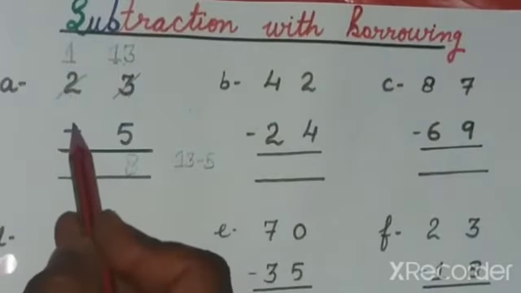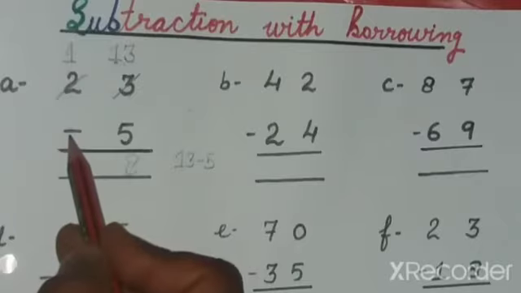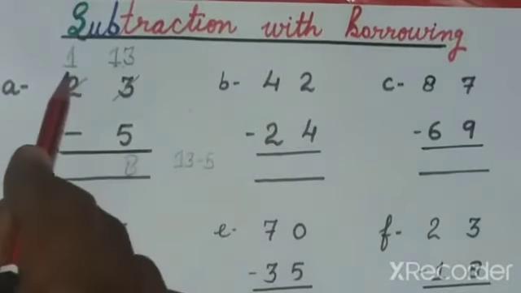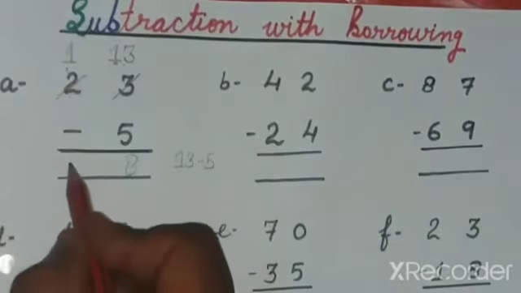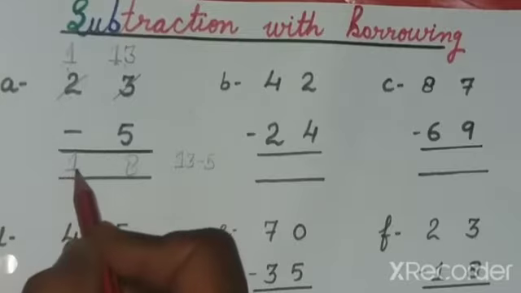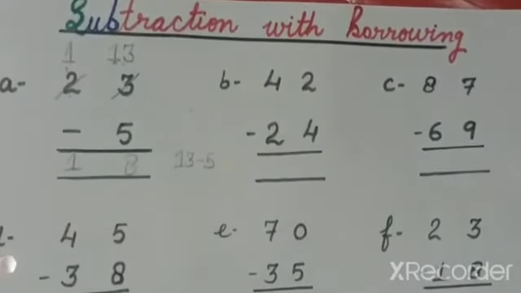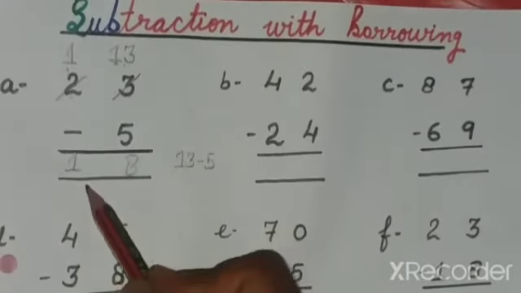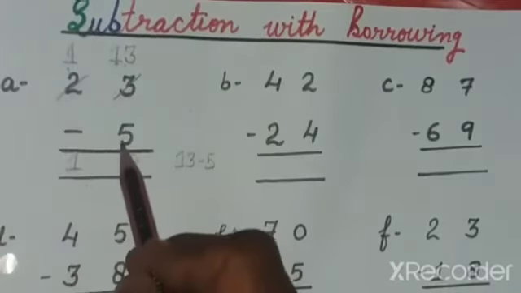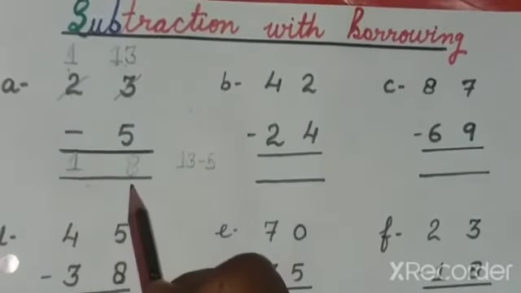Now there is no number in the tens place to subtract, so we just write the remaining number below the tens place. Now our answer is 18. 23 minus 5 is equal to 18.